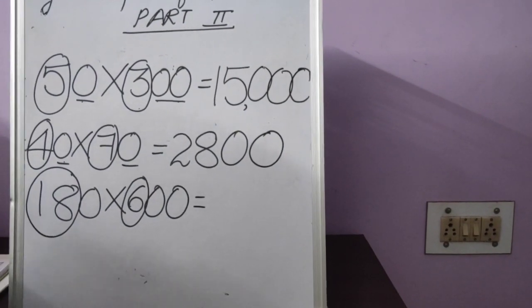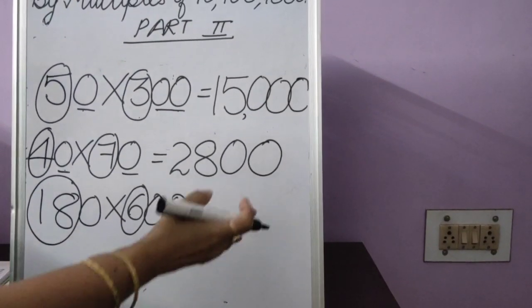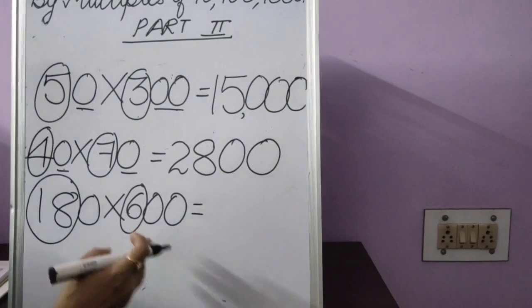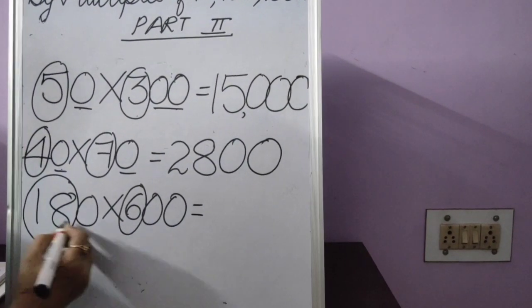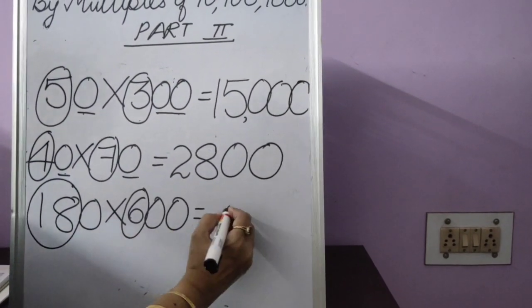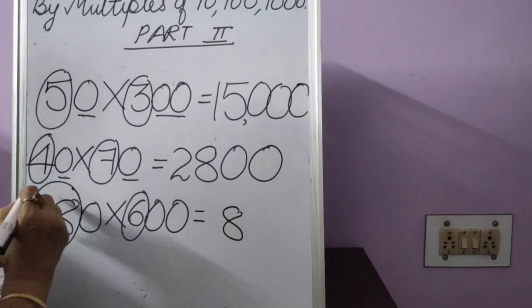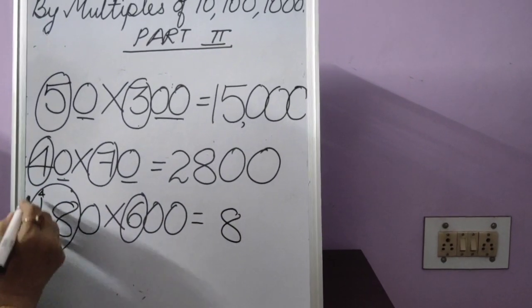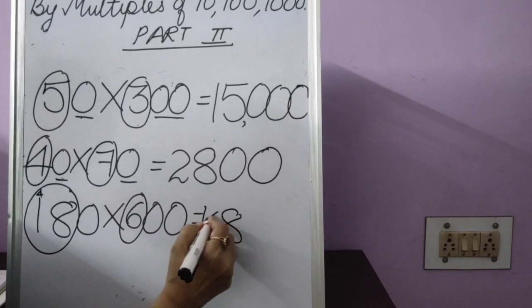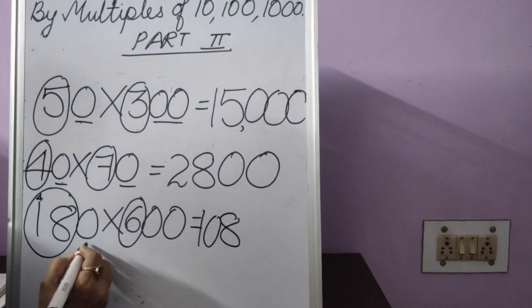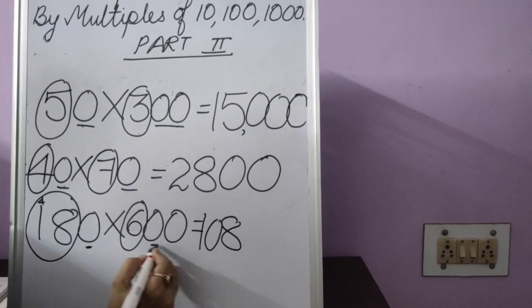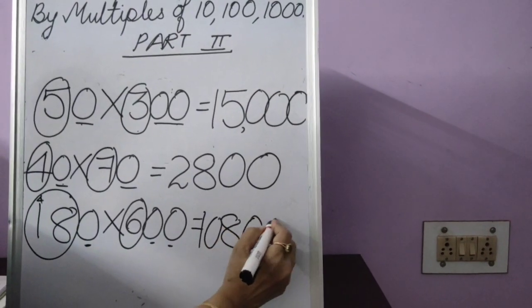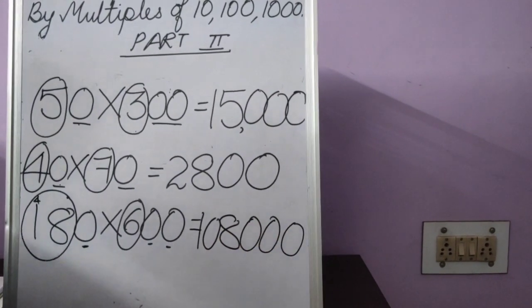For those of you who do not know it, do it in your rough. Otherwise, simply 6 8s are 48. 8 carry over 4. 6 1s are 6 plus 4, 10. And how many zeros have we left out? 1, 2, 3. Add them in front of it.